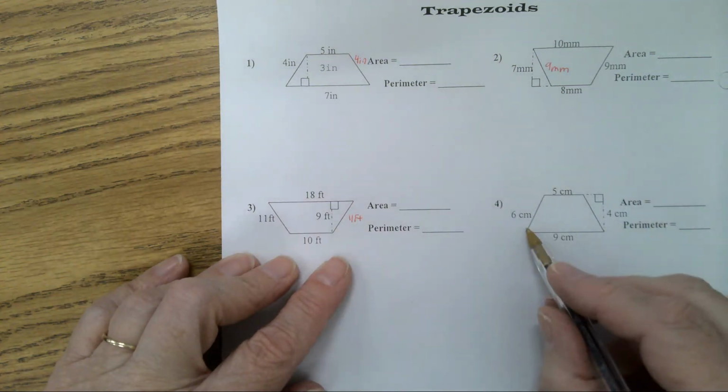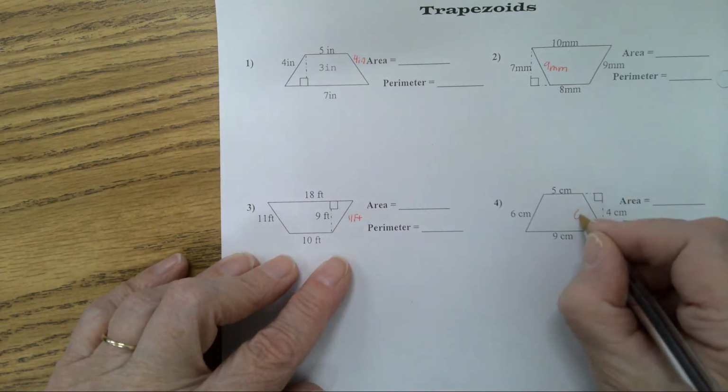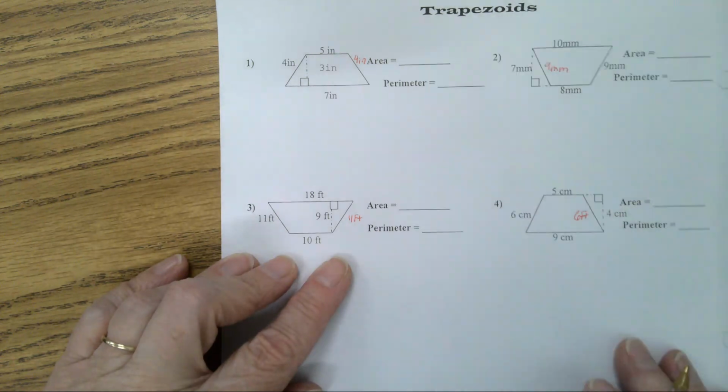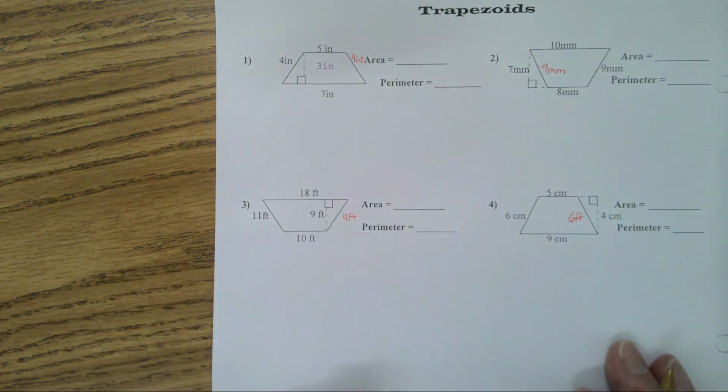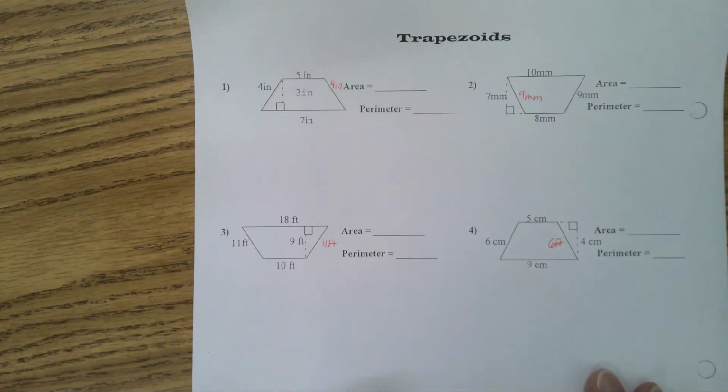And if this is 6, we're going to say this is 6 feet. Okay, only on these because it looks like if we fold them, we're going to match, and they look like they have one line of symmetry. It looks like they're symmetrical. If you would fold them, they would match. So that's what we're going to do for these problems today for the perimeter. So that's what you're going to do.